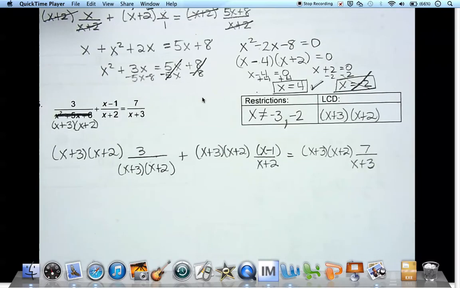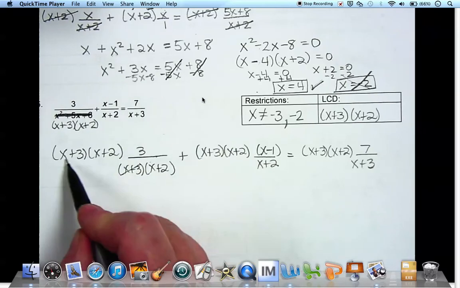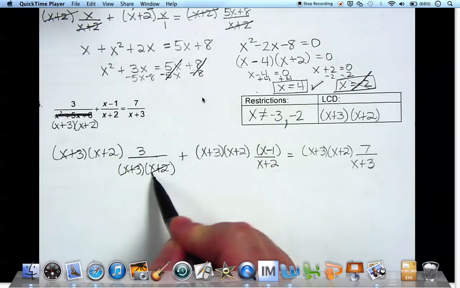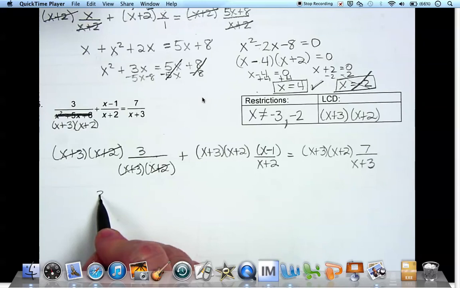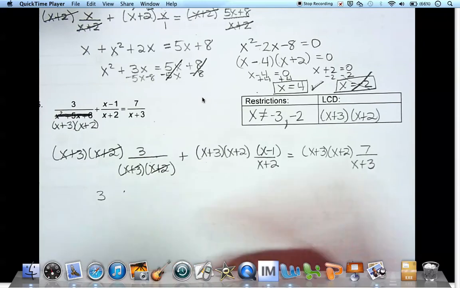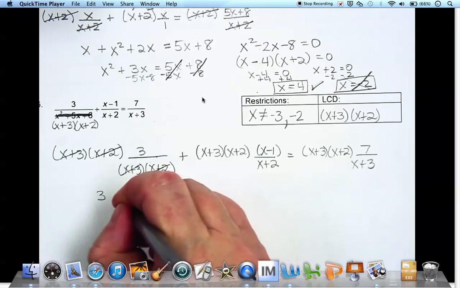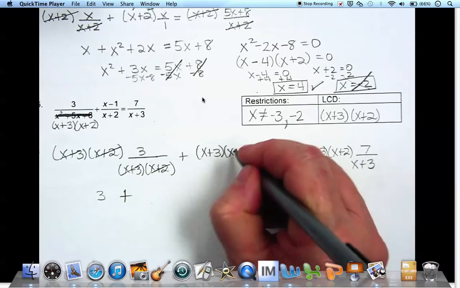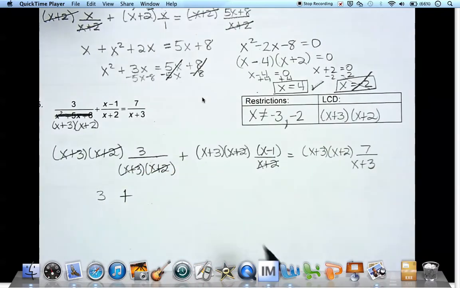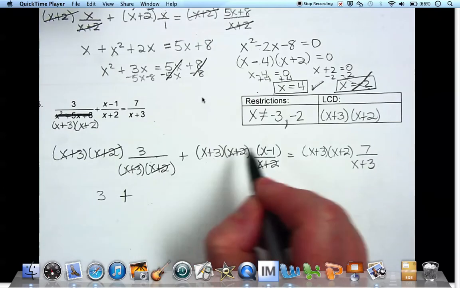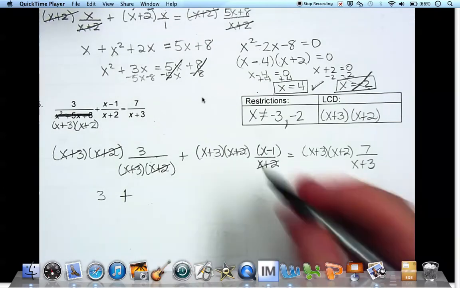Okay, so we're going to cancel out whatever we can. So we've got an x plus 3 on the bottom and the top, x plus 2 on the bottom and the top, and that just leaves us with 3 plus, we have an x plus 2 on the bottom and the top, and now we have x plus 3 times x minus 1, and we're going to have to FOIL this.